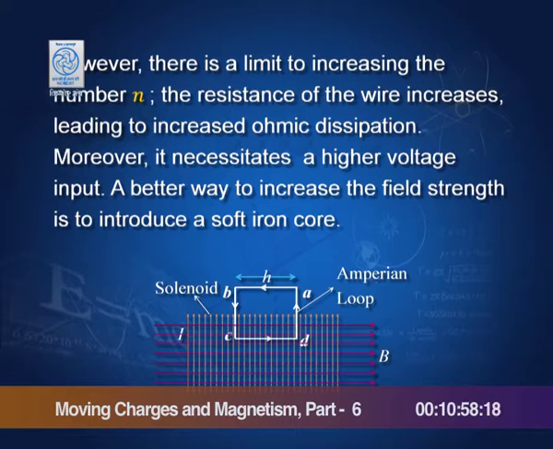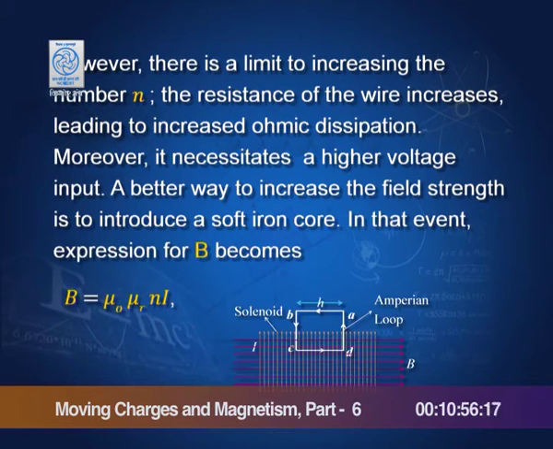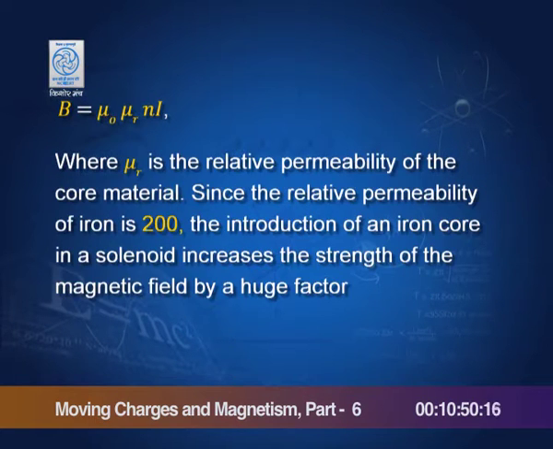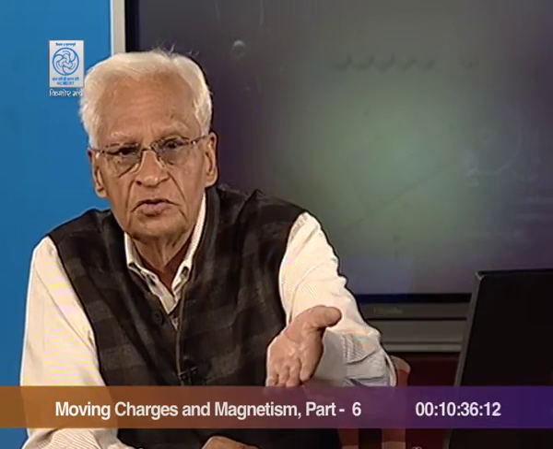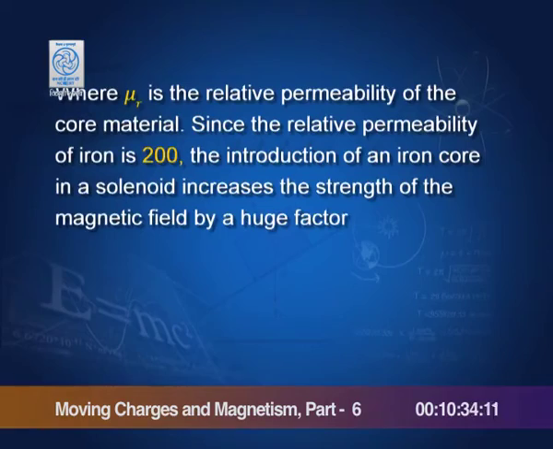In that case, the magnetic field would be given by mu 0 times mu r times n times I, where mu r is the relative permeability of the core material. You see, you can start with B equal to mu times n I, where mu is the permeability of that material, and you can write this mu as mu by mu 0 into mu 0, and mu by mu 0 is the relative permeability.